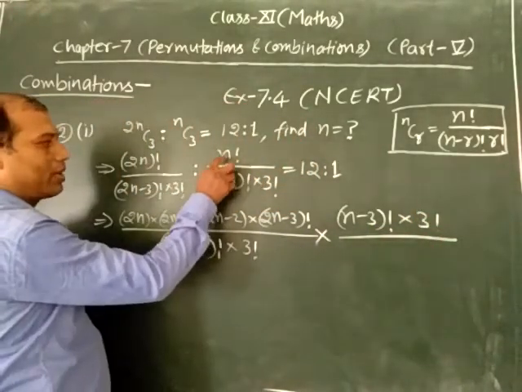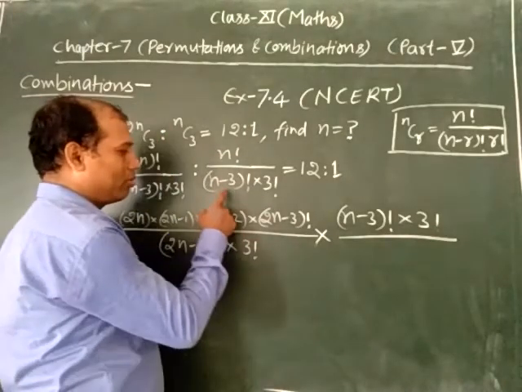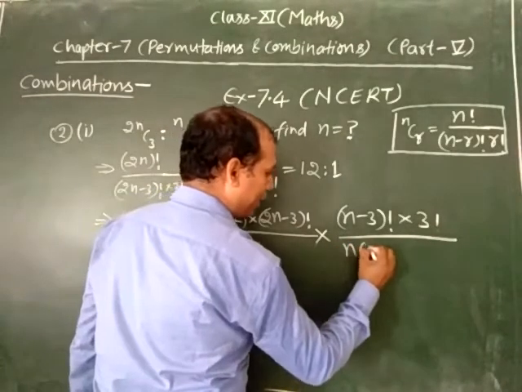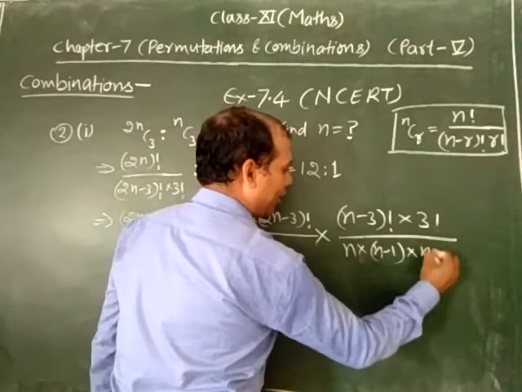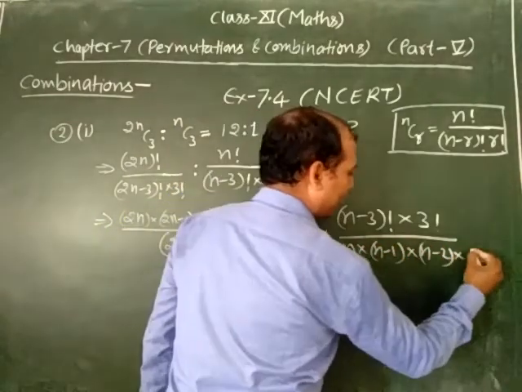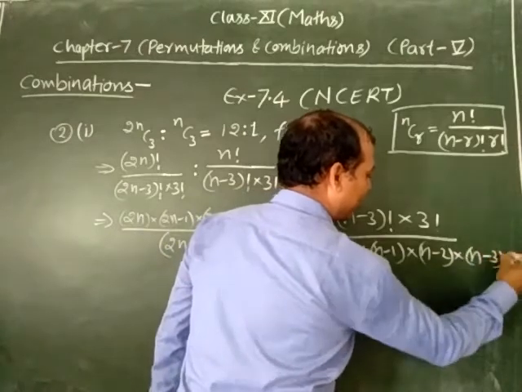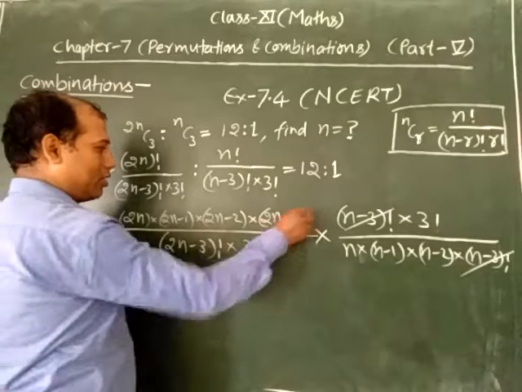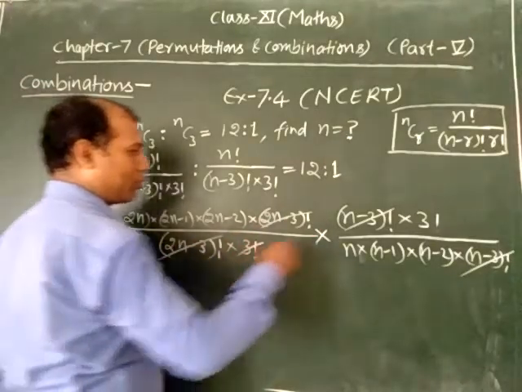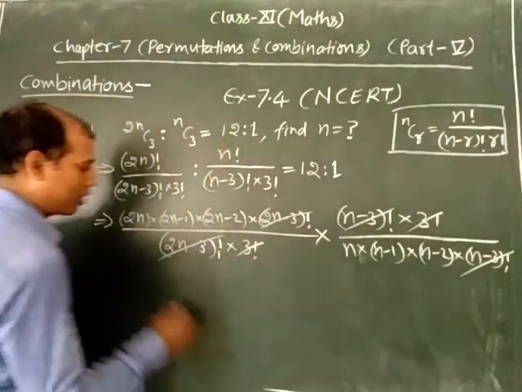Now we are going to expand factorial n up to this value. So we can write n into n minus 1 into n minus 2 into factorial n minus 3. Now this is cancelled out with this, this is cancelled out with this, and factorial 3 is cancelled out with factorial 3.